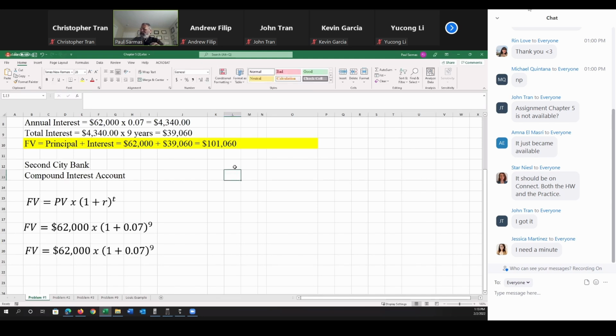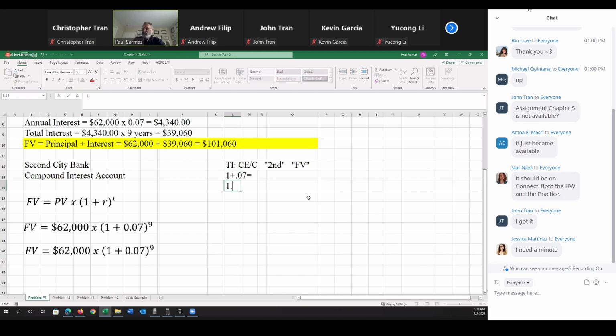If I use a TI calculator, Texas Instruments, I will clear it by saying CEC, then doing the second key on your TI, and then pressing the FV key. I want you to get into a habit of clearing it this way. Then I will say 1 plus 0.07 equals.